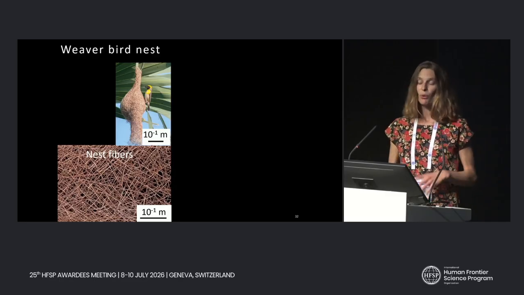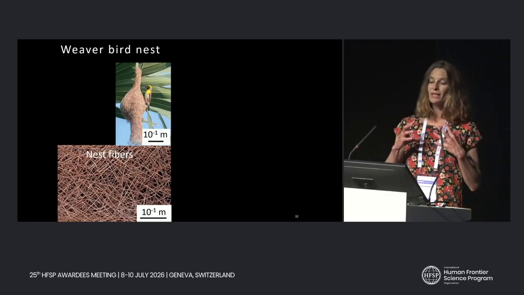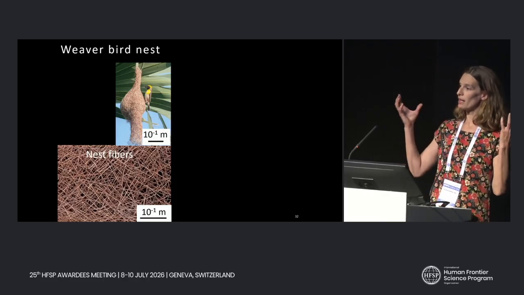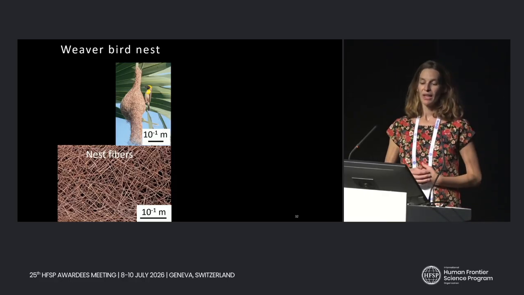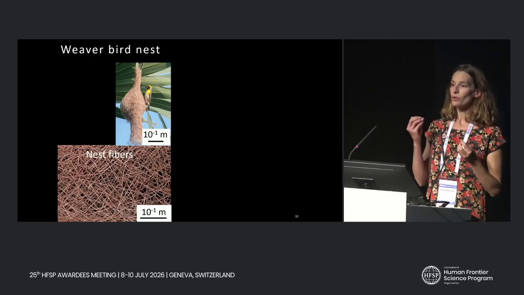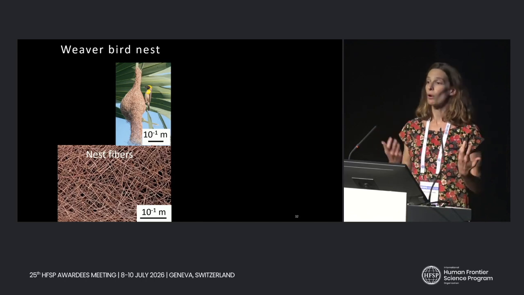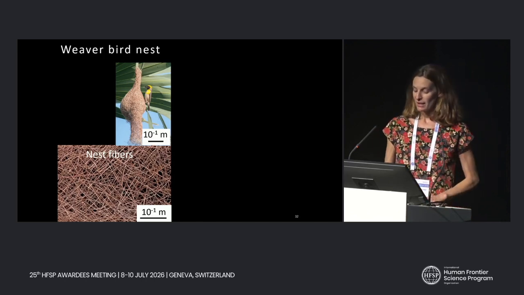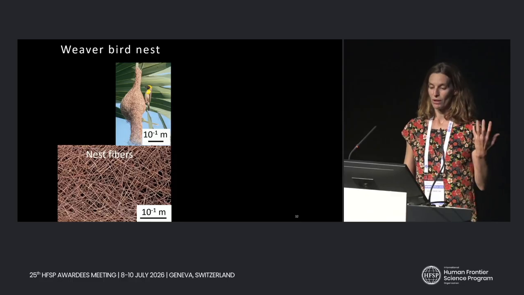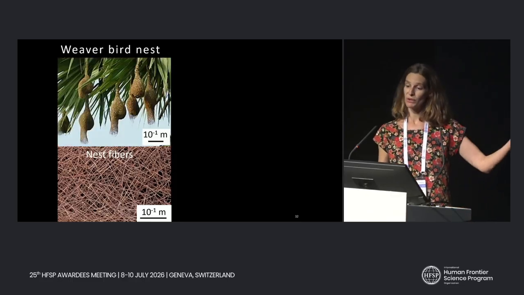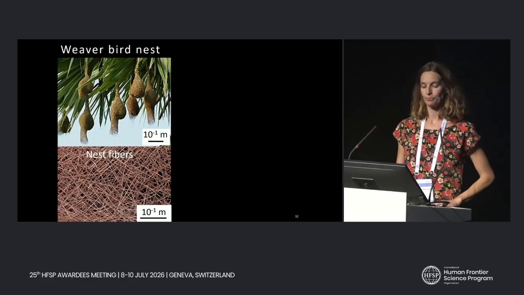The weaver birds lay twigs, and they do that at a scale that we can hold in our hands, right? The birds take the twigs and lay them, but they don't follow an external blueprint. And it's even more incredible that the shape is quite reproducible.